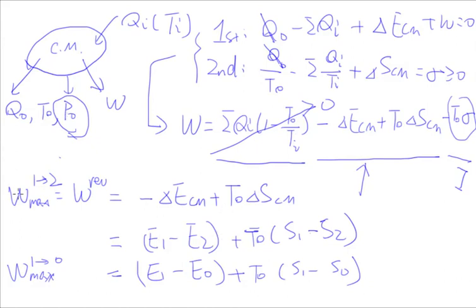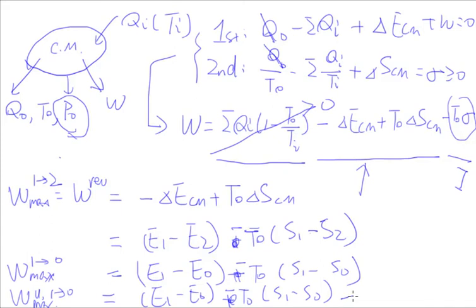And so the amount of useful work from state 1 to 0 equals the equation above, sorry, this should be minus, and plus an additional term that's due to expansion work.